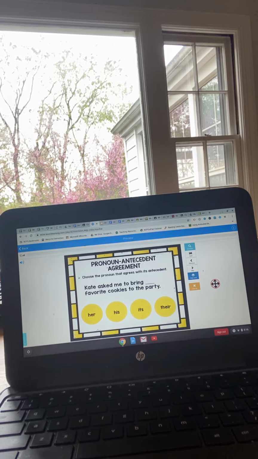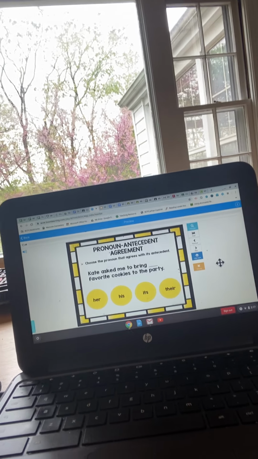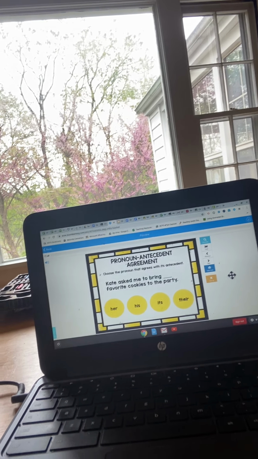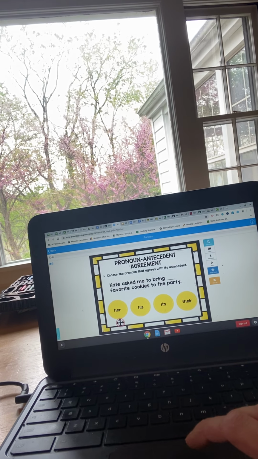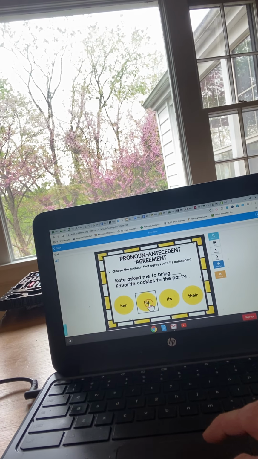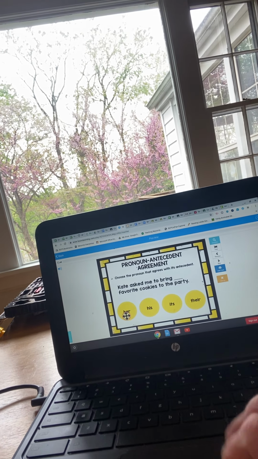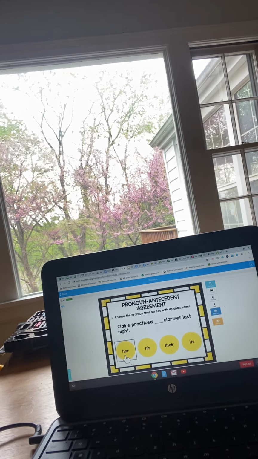Remember, the pronoun takes the place of a noun, so in this one, it's going to take the place of someone's name. Kate asked me to bring blank favorite cookies to the party: her favorite cookies, his favorite cookies, its favorite cookies. You should have picked her, because that is the pronoun for the antecedent Kate.